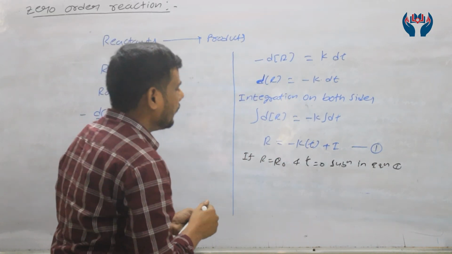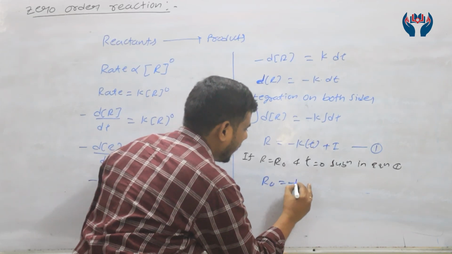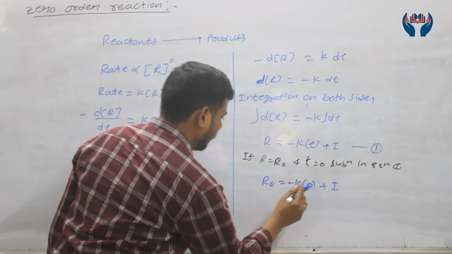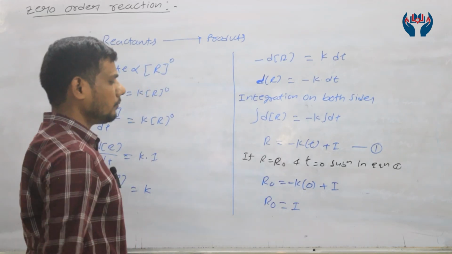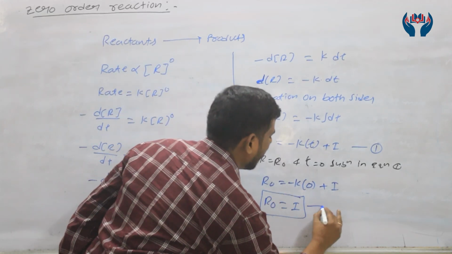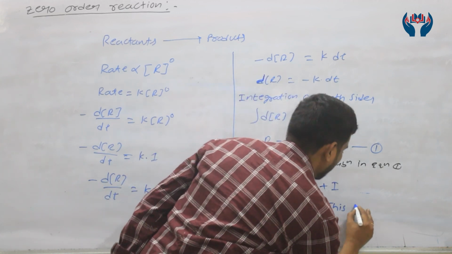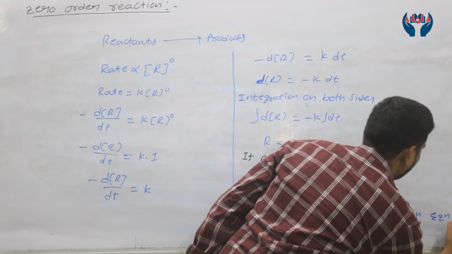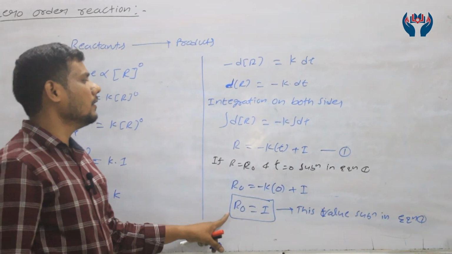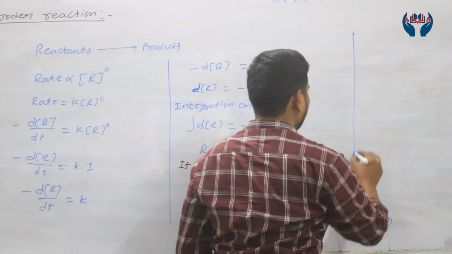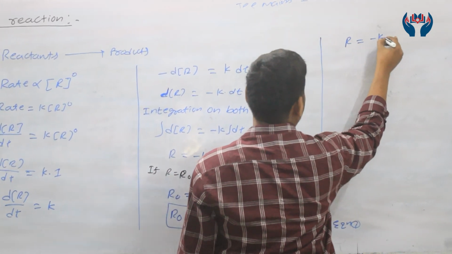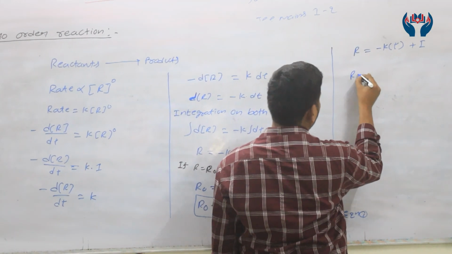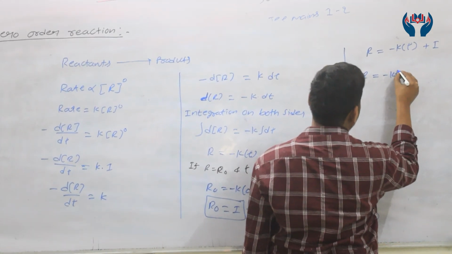Then R0 equal to minus K into 0 plus constant I. Therefore, K into 0 is 0, so R0 equal to I. This value I equals R0. Substituting in equation 1, R equal to minus K t plus I, and the constant value I is R0, so R equal to minus K t plus R0.